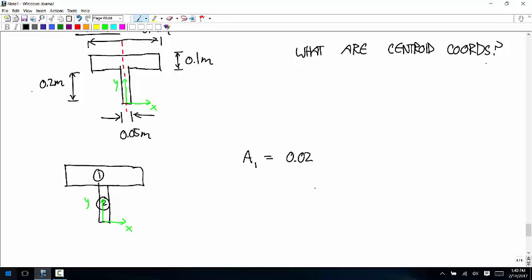If you go from the origin up 0.2, you're here, and then you have to go up another 0.05 to get to the center of that rectangle. So 0.25. So y1 bar is equal to 0.25.